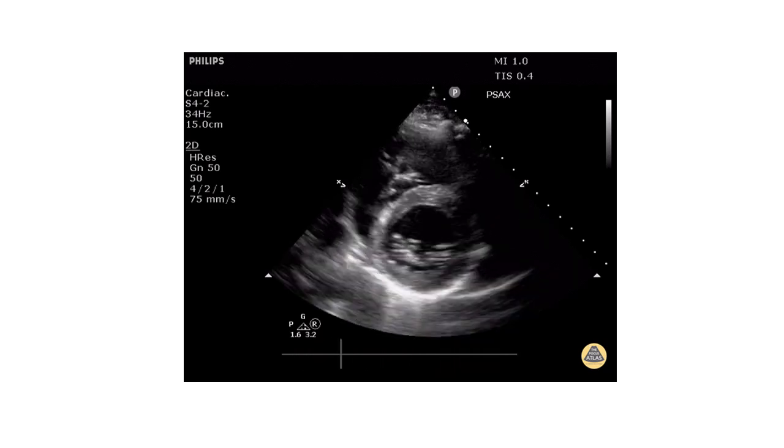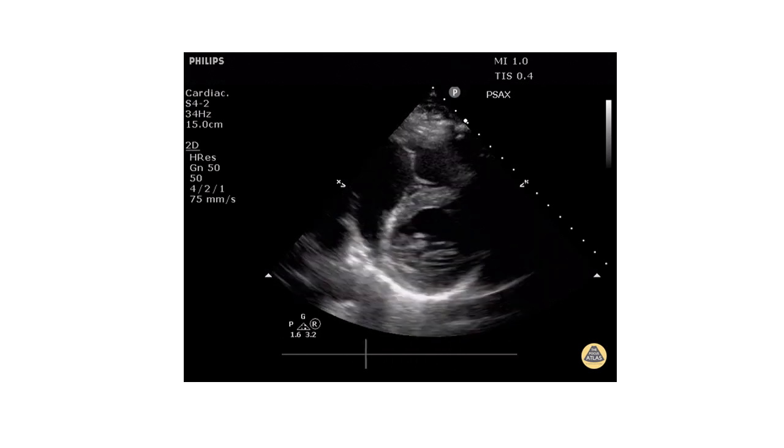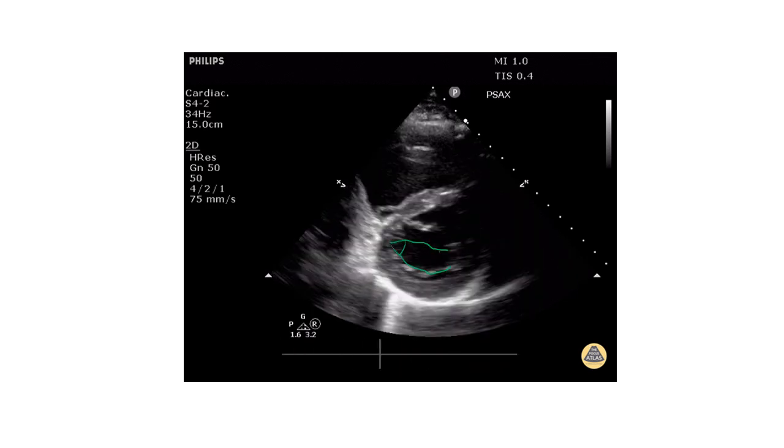And here you can identify that the mitral valve leaflets are mobile, and the opening is wide, and the commissures are open. What are the commissures? The commissures are the site of meeting of both leaflets. This leaflet, anterior leaflet, and the posterior leaflet, and this is the first commissure, and this is the second commissure. So here the commissures are widely open, as you can see.